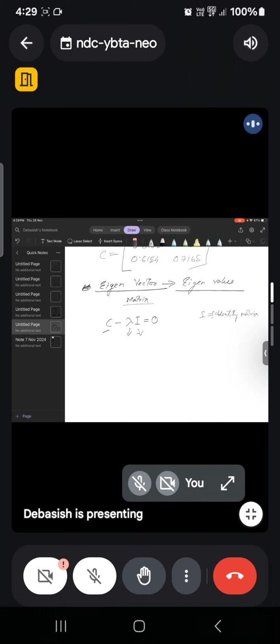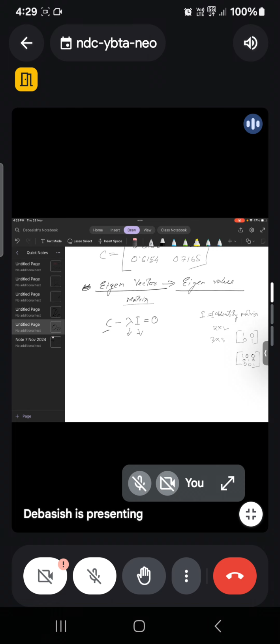If we consider a 2 by 2 matrix, the identity matrix is 1 0, 0 1. If we consider 3 by 3, it is similar. So this is the identity matrix.